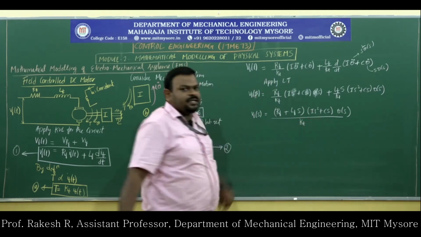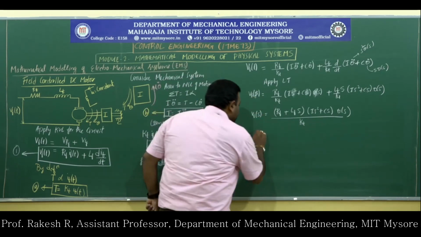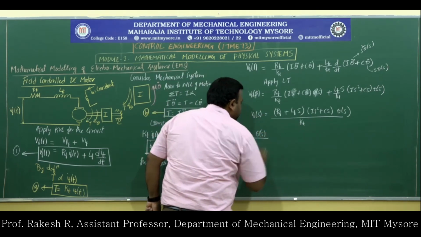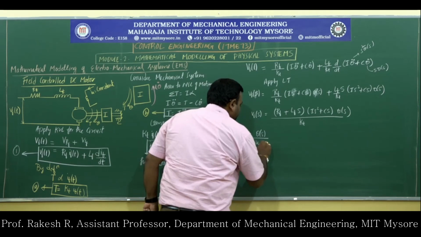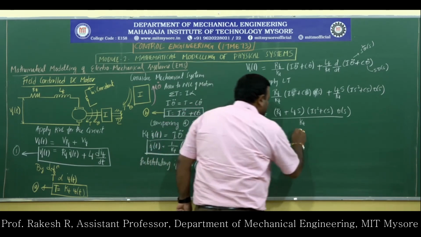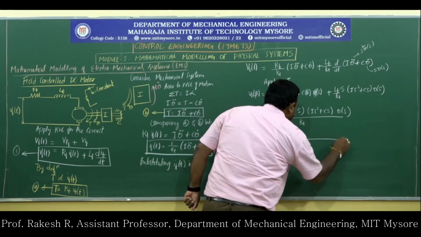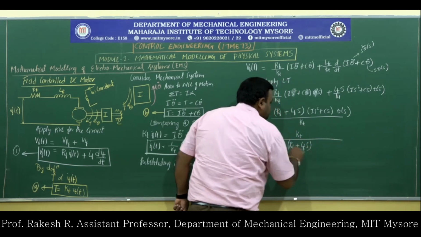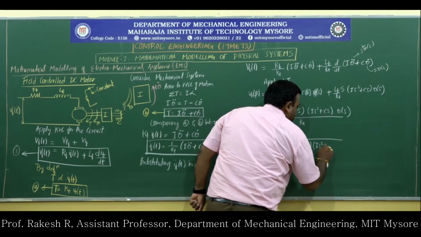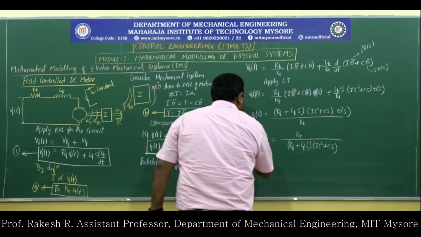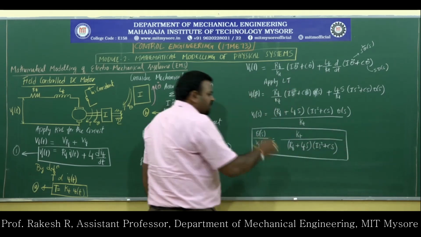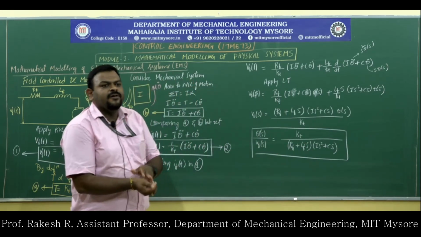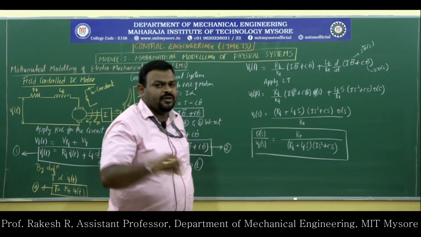What I want is output rotation divided by input field. Theta of S is the output, Vf of S is the input. That will be equal to Kt divided by Rf plus Lf into S, into I S square plus C S. So this is the mathematical model, or the transfer function, for the field controlled DC motor.